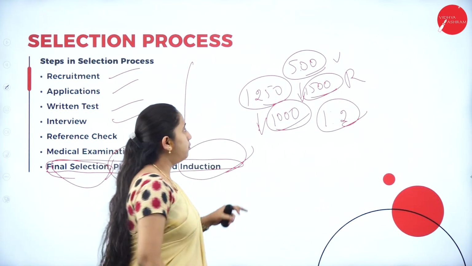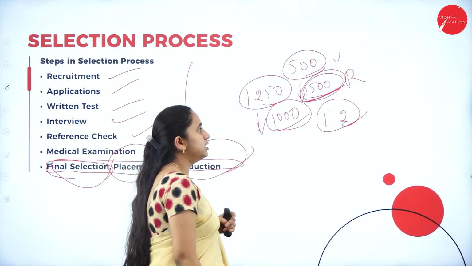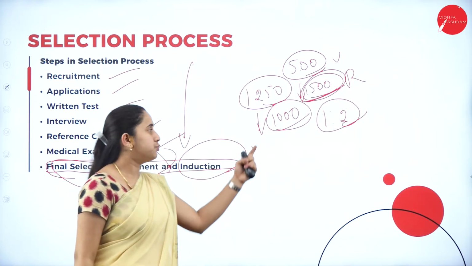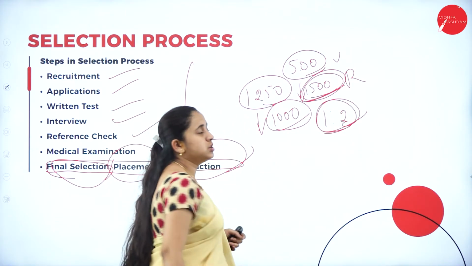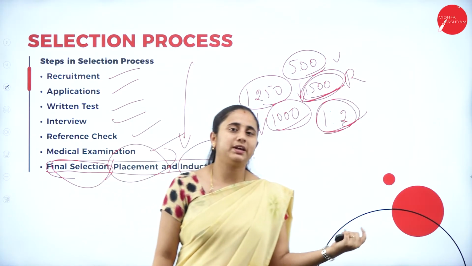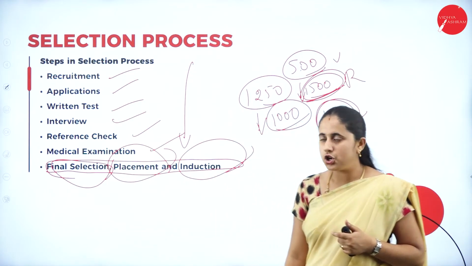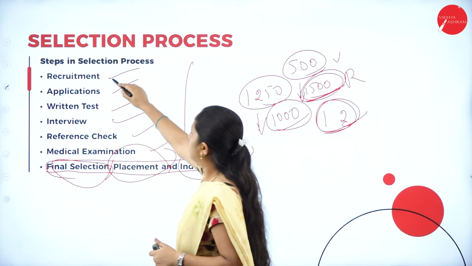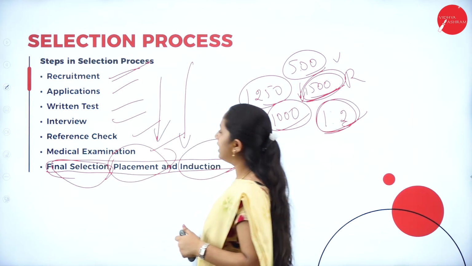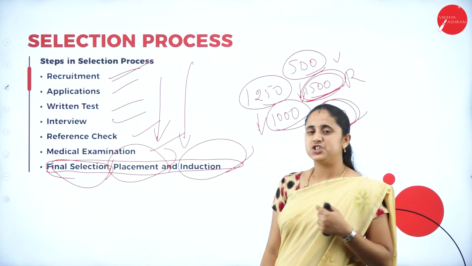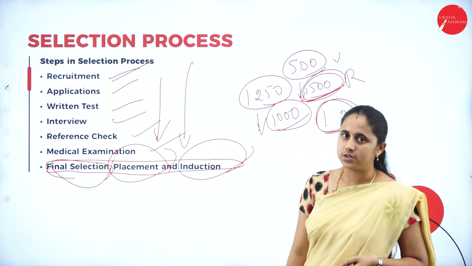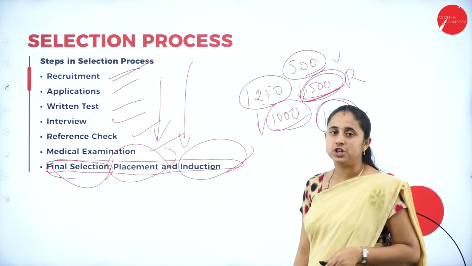So the more applications, the more options and the more chance for a better selection. Now we have 1:2 candidates. We can select the best suitable candidate for that particular job. Apart from recruitment, all this is a negative process. We try to eliminate the candidates or the applications in this selection process. So this is all about the selection process.